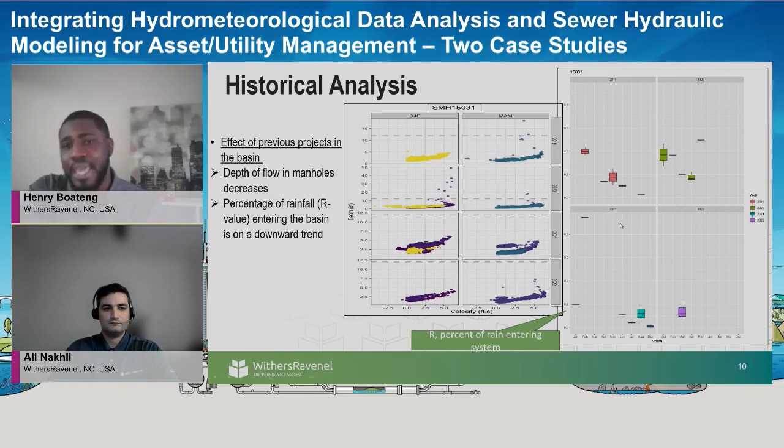And it's kind of the same graph here. However, this is in terms of the percentage of rainfall entering the system. So in 2019, for the same flow meter, it was around 0.2, and now it's around 0.1. So that's also almost a 50% reduction in flow.